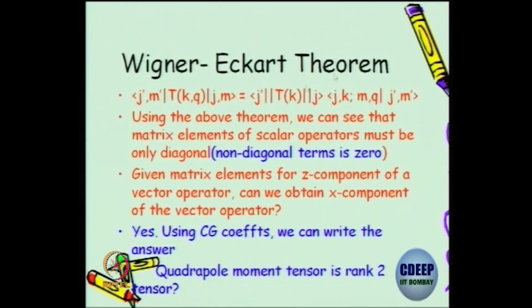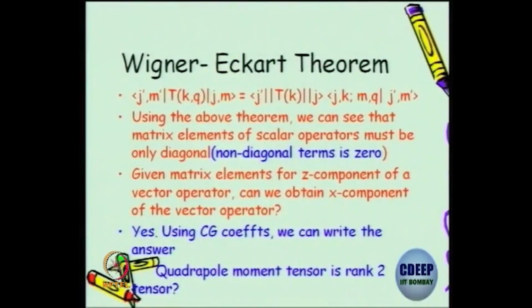All that information is only in the CG coefficient. This is the power of the Wigner-Eckart theorem, where the tensor operator acting on the states can be resolved in terms of CG coefficients. It is really beautiful.